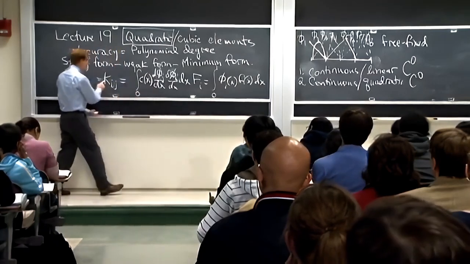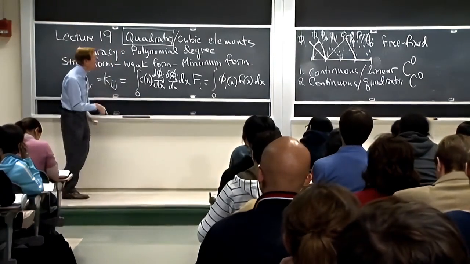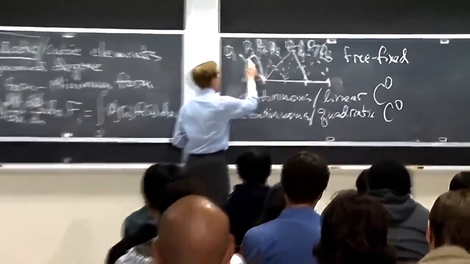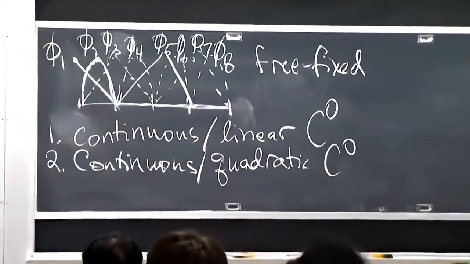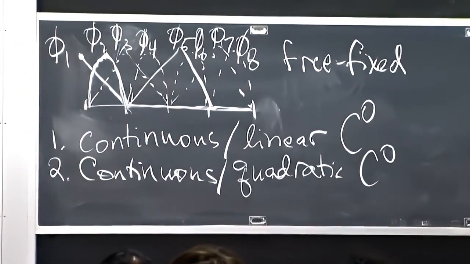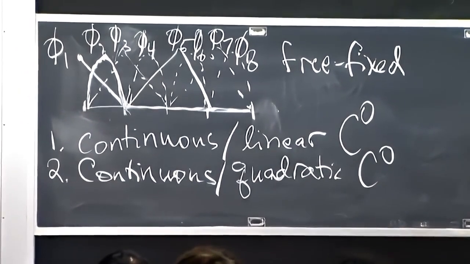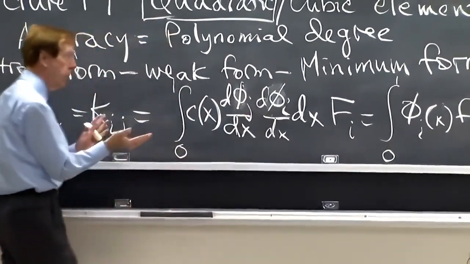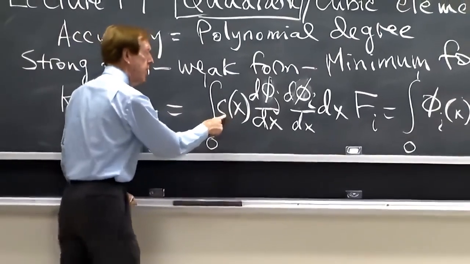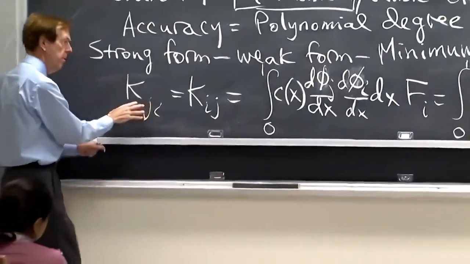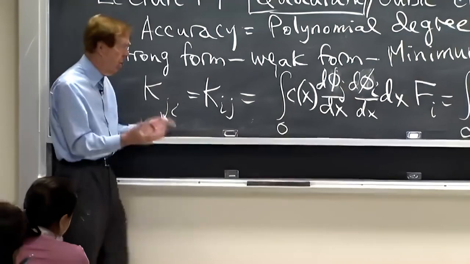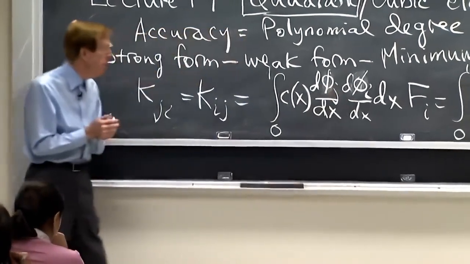For example, the diagonal entry 2,2, which will come from that bubble with itself, K22, will be the integral of c of x times the derivative of that bubble, which will be a straight line, times itself, so it would be squared, and c is positive. So this K22 is going to be some nice positive number, but we have to figure out what it is.